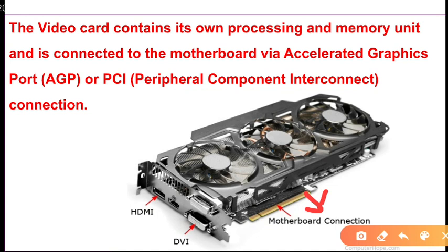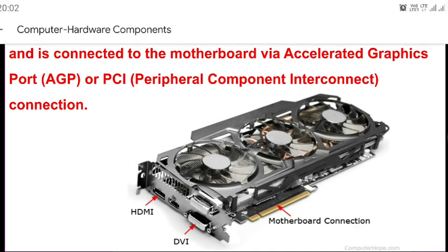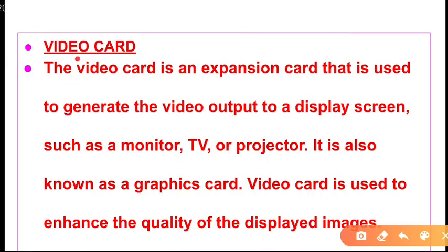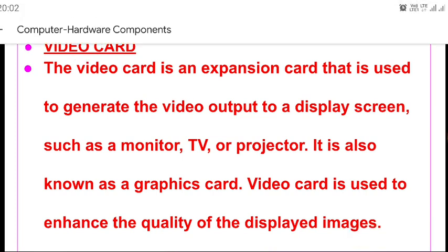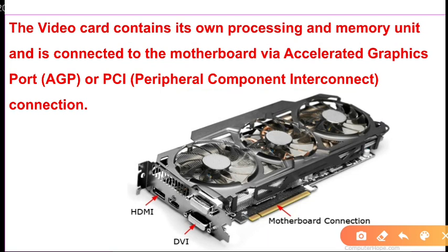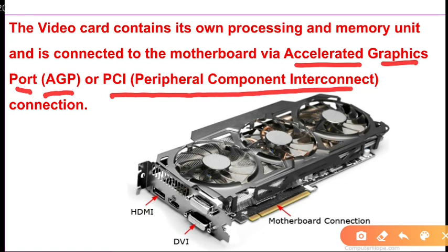Okay, students, to enhance your video experience, you need to have a graphics card or video card on your computer. A video card can be connected to your computer via the accelerated graphics port, in short the AGP port, or we can also connect a video card or graphics card via the PCI, or peripheral component interconnect.